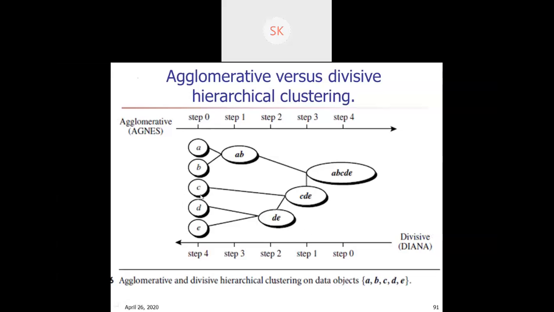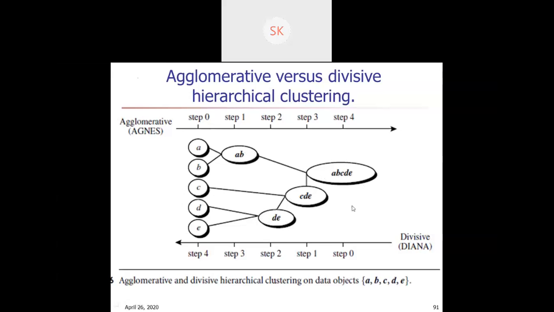In agglomerative, A, B, C, D, each object forms one cluster. Then the next upward direction is merging. Here D and E are objects and they are merged, and the last will be one cluster.